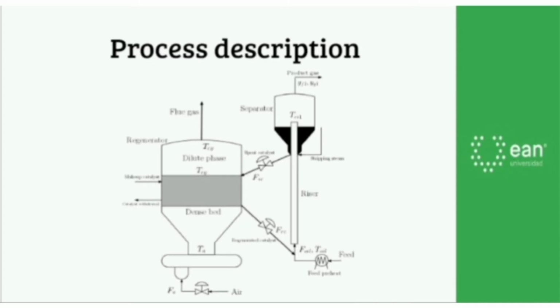The heat contained in the catalyst preheats the materials to a certain temperature, providing the energy for oil vaporization and the cracking reaction. Along the riser, the heavy oil is broken down into lighter hydrocarbons during the reaction.